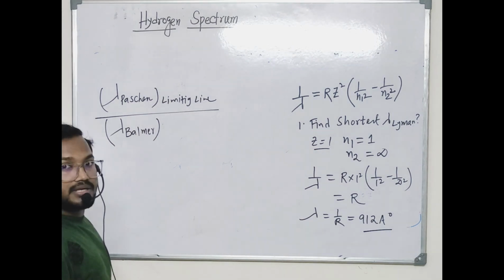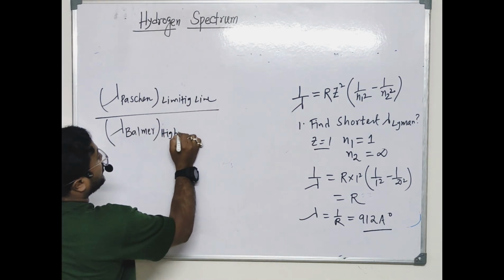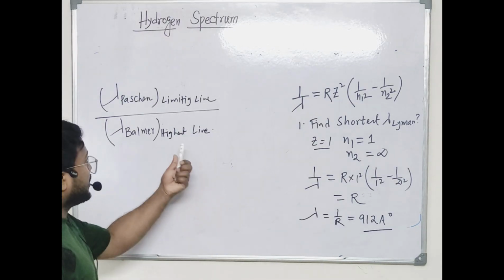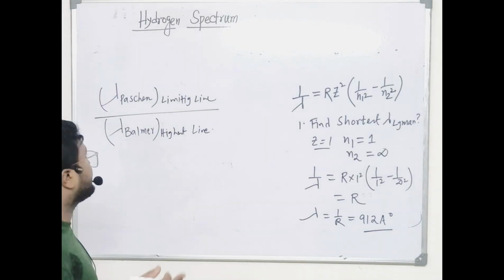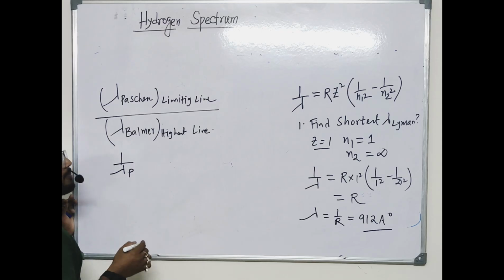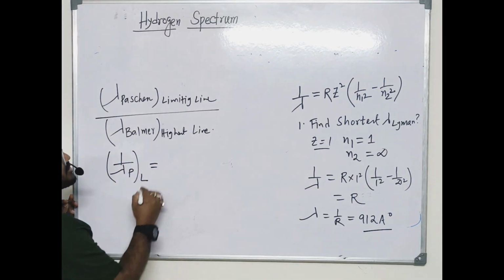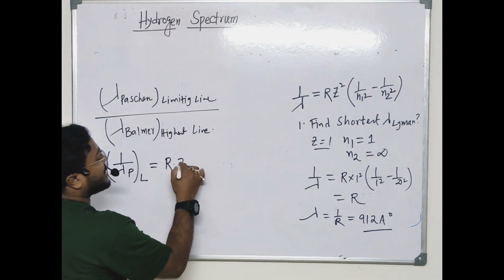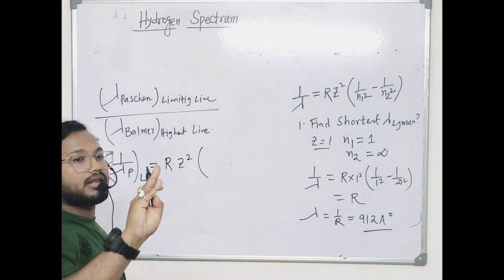In case of Balmer, they are asking you which is the largest or highest line or largest wavelength they are asking. So basically use the formula 1 by lambda, P stands for Paschen. They asking me the limiting line, so limiting I am signifying by L. Value is R into Z square into 1 by n1 square. Paschen series. Lyman, Balmer, Paschen.